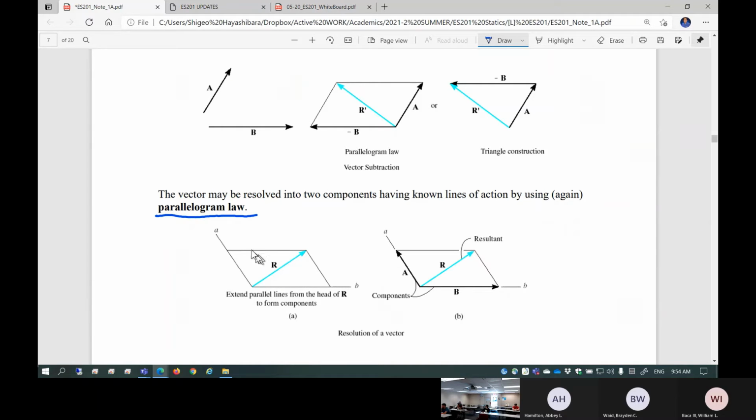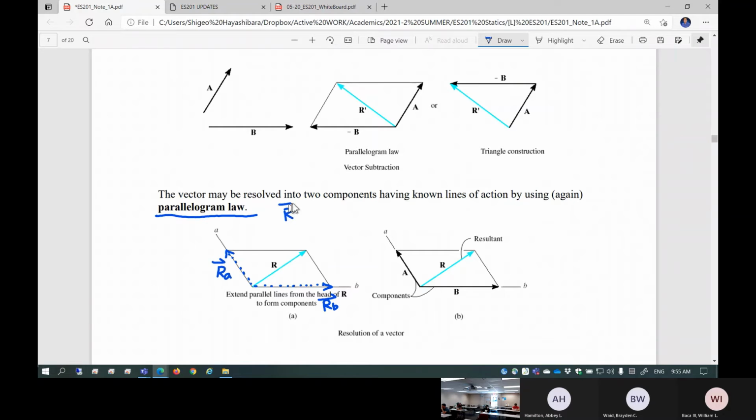It could be any two directions. And in this direction, how much component of this vector is still acting on it? This much value. In this direction, this much value. Those are called components of this vector R. Let's call this RA. Let's say this is called RB.